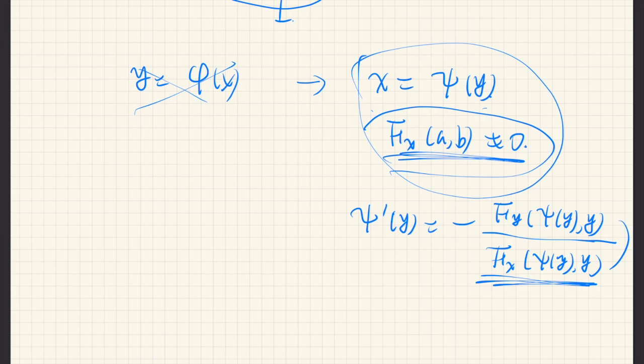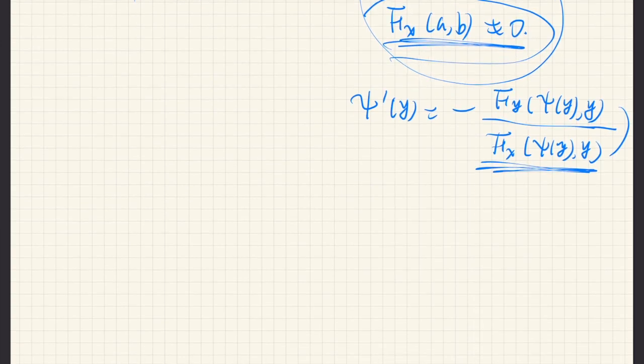But what if both of the partial derivatives are zero? Then in that case, there is no possibility for finding an implicit function. In such a case, we call that point a singular point. Let's define it. P = (a, b) is singular.